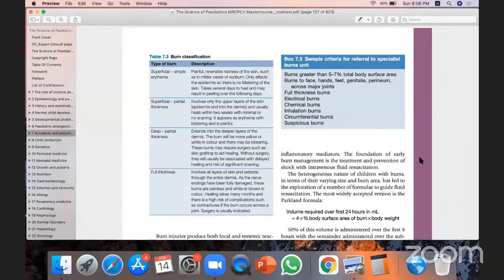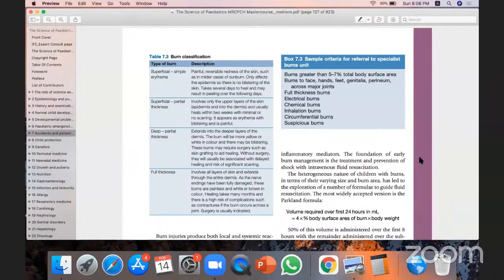And from which layer will surgery or skin grafting be required later in life? Deep partial thickness. Yeah, deep layer.